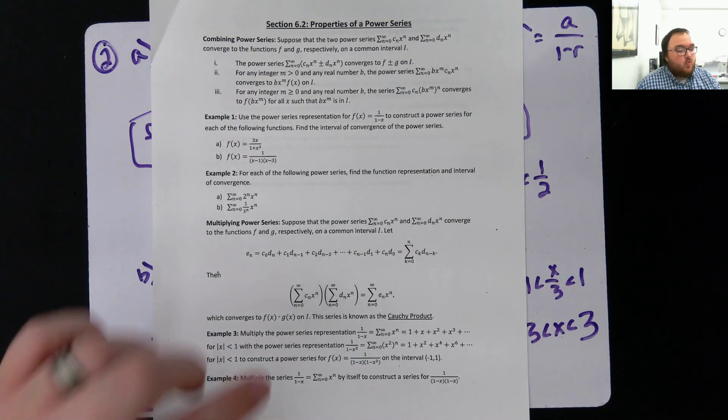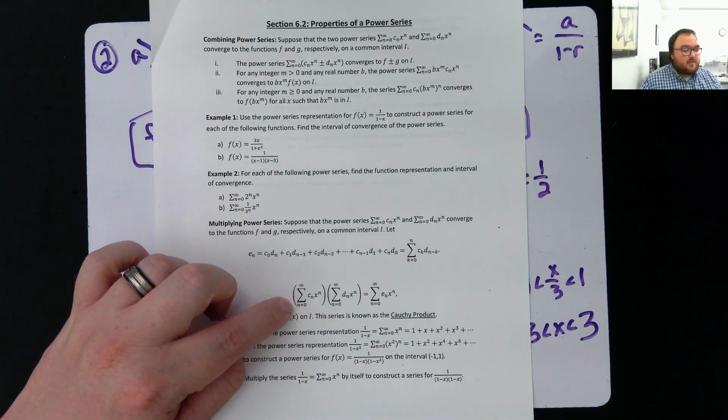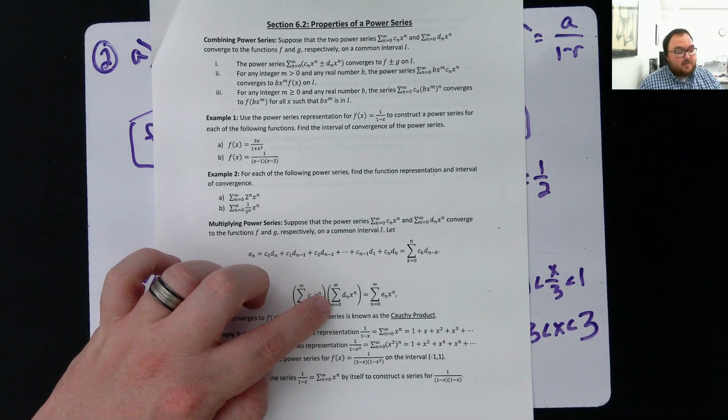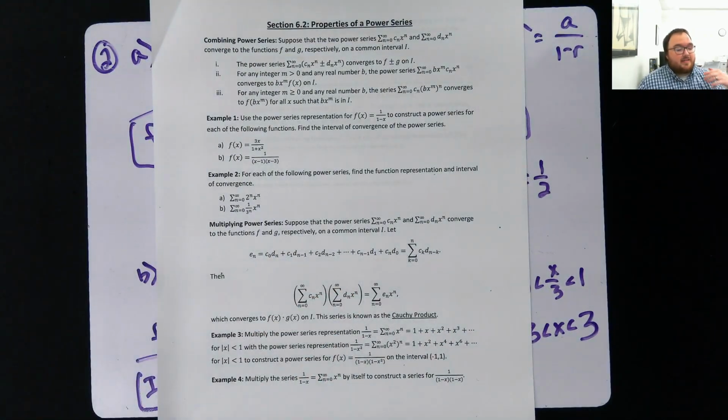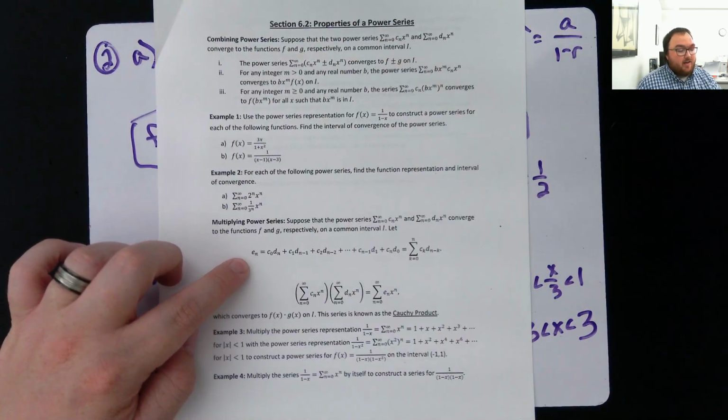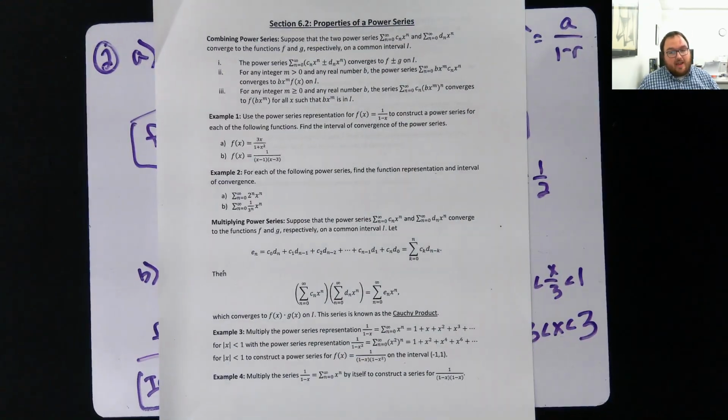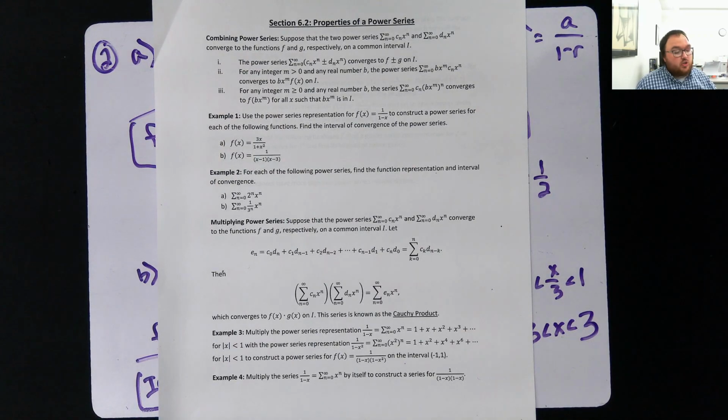Then the sum of Cn x^n times the sum of Dn x^n is the same thing as the sum of En x^n, which converges to f of x times g of x on I. This is called the Cauchy product.